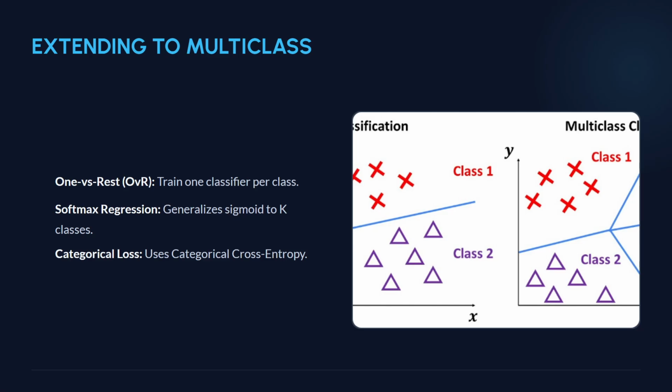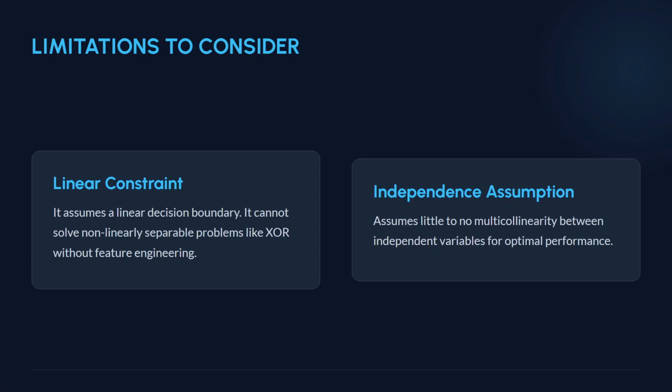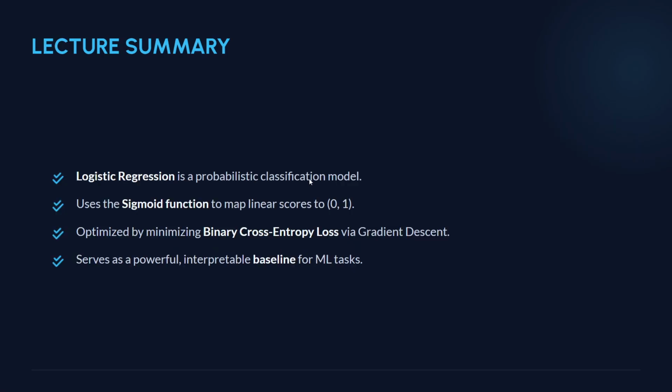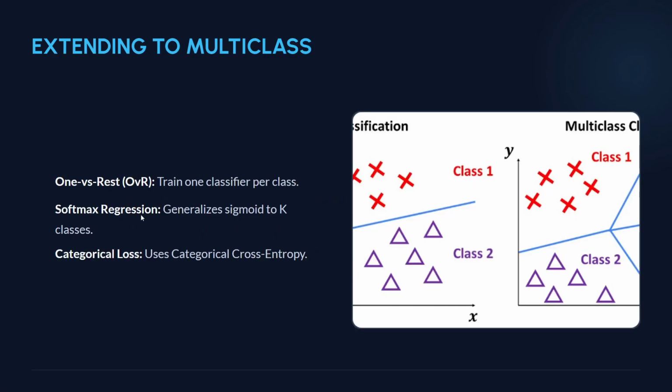Now, extending it to multi-class, as we have only studied the binary class. What will happen if it is multi-class? One versus rest: train one classifier per class. Then there is the softmax function, which is the generalized form of the sigmoid function, used for k classes. The softmax equation is e^(z_k) upon the summation of e^(z_k), where k equals 1 to n, meaning all classes.